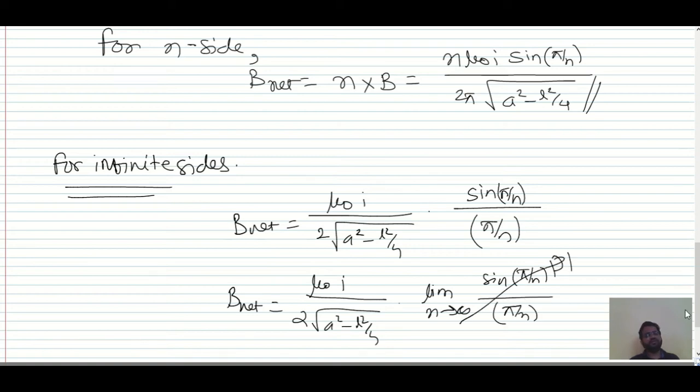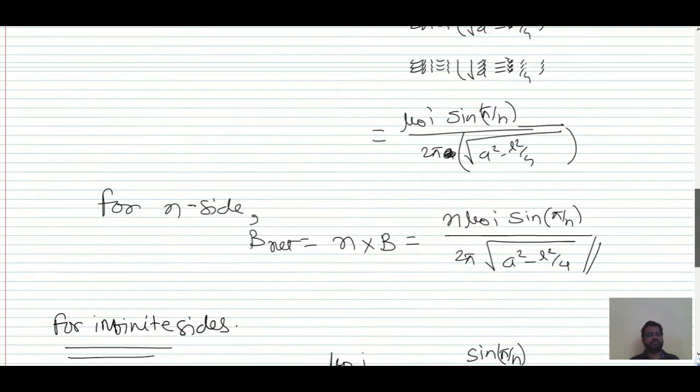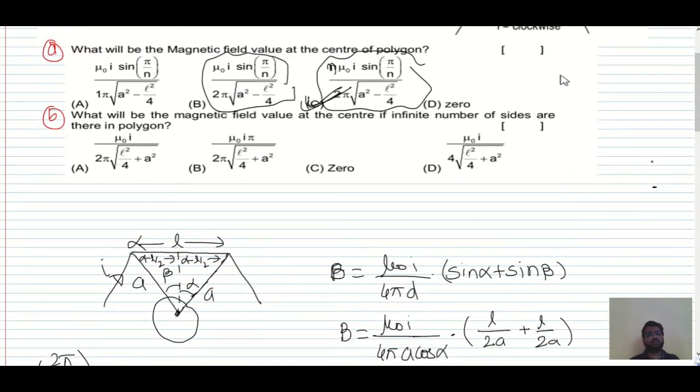This has a value 1, and we have Bnet is equal to mu naught I divided by 2 root of a square minus L square divided by 4. Now see, mu naught I divided by 2 root of a square minus L square divided by 4, and that is given.